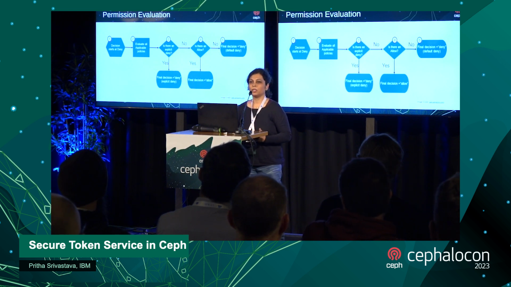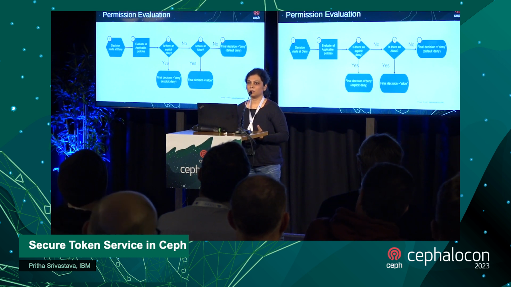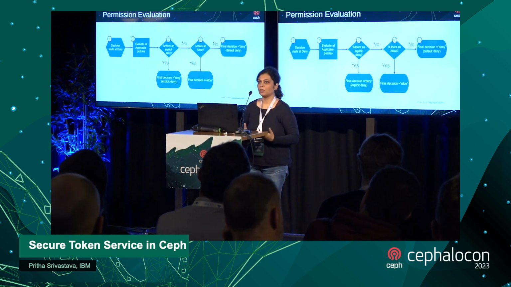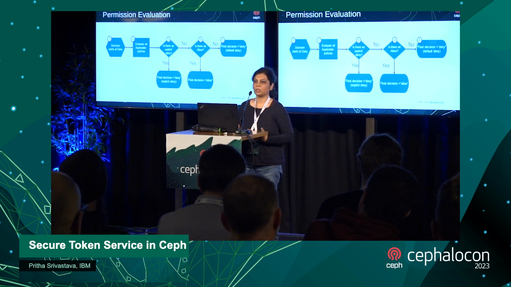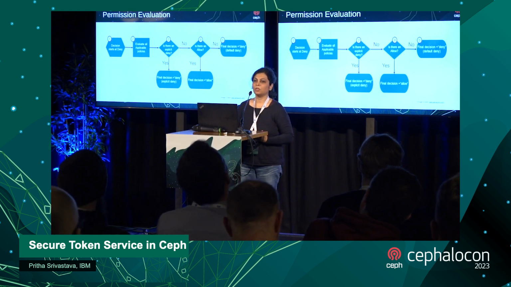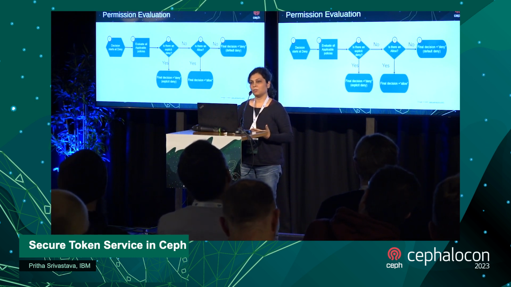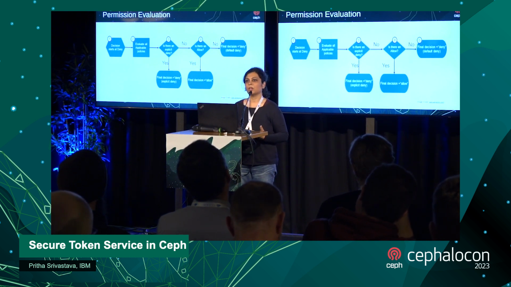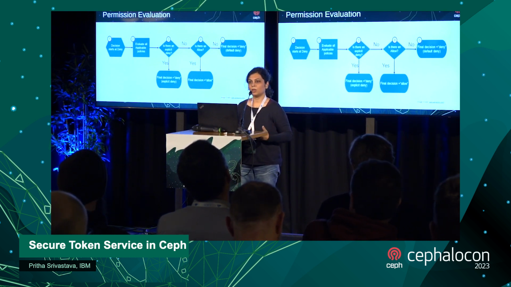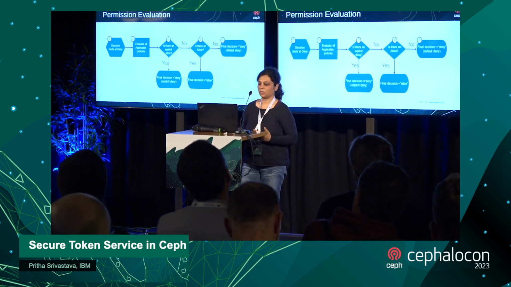And if any of the policies return a deny or have a deny for a particular S3 operation, then we return a deny to the end user. If any of the statements have an allow action, then that S3 operation is allowed. If there is neither a deny nor an allow, then even in that case, we deny the S3 operation.